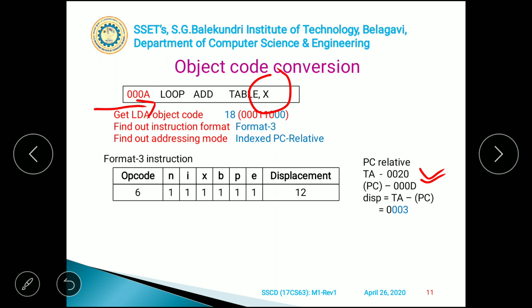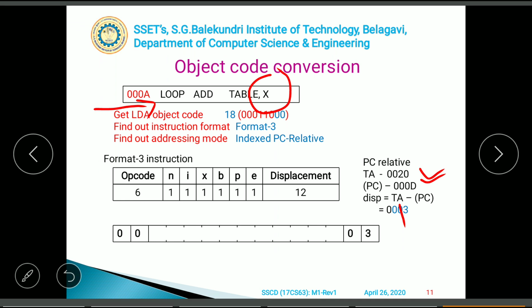Again a small mistake was made here: the object code is 0013, it should be 0013, right? So now this is going to be added here.